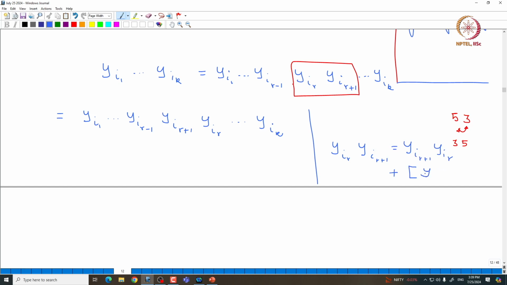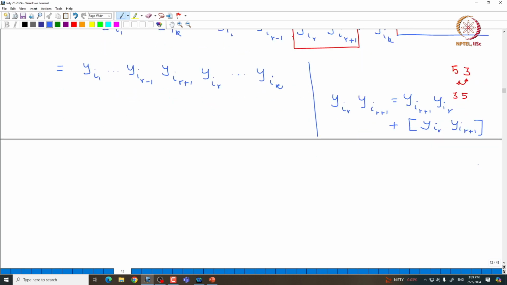It will be the bracket of yir and yi(r+1), which is going to be in the image of the Lie algebra, iota of G. So, that means the bracket is written as some summation of aj yj, j ranging from 1 to n.